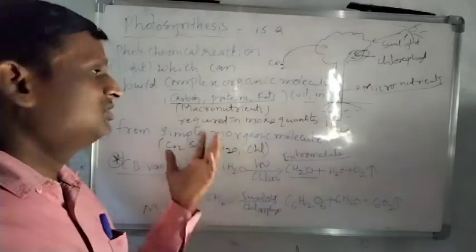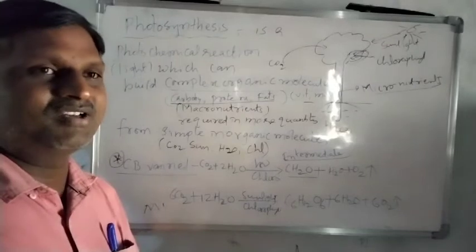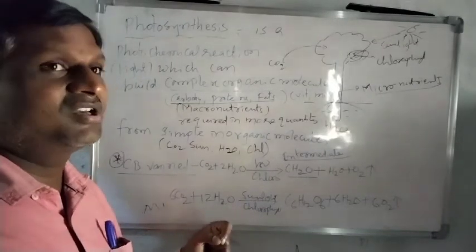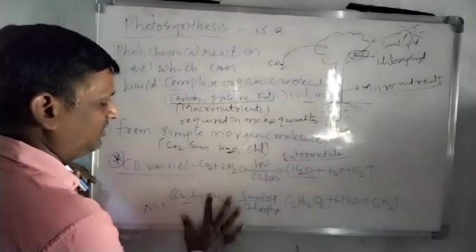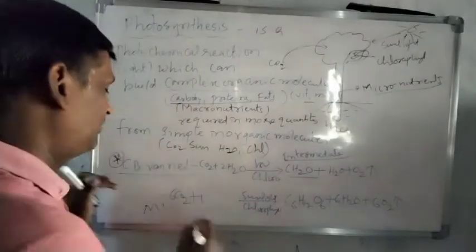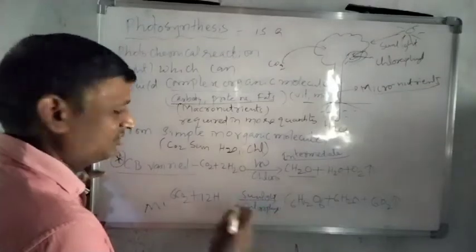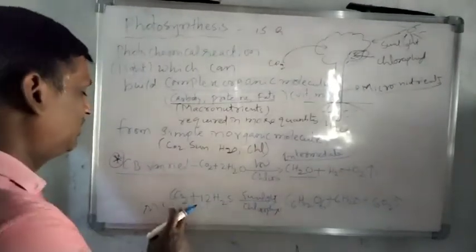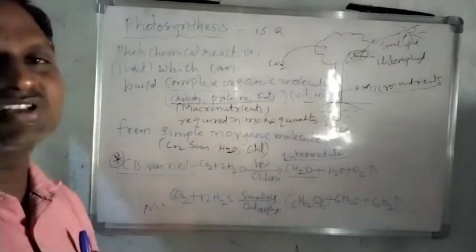So photosynthesis also occurs in some bacteria like purple sulfur bacteria. When he worked on purple sulfur bacteria, instead of water he took hydrogen sulfide. Purple sulfur bacteria utilize sulfur compounds. So instead of water, in purple sulfur bacteria we see hydrogen sulfide.